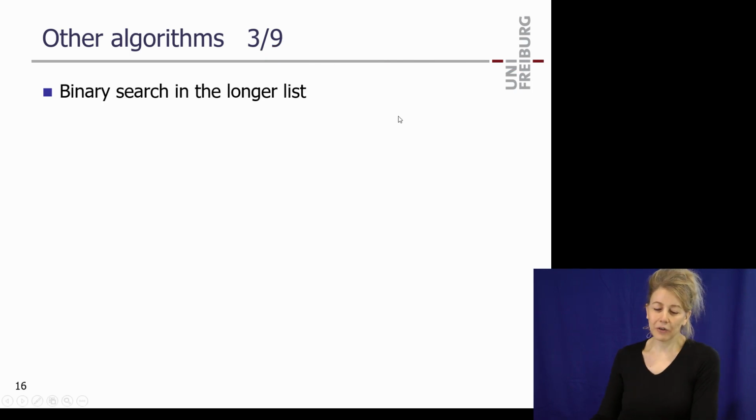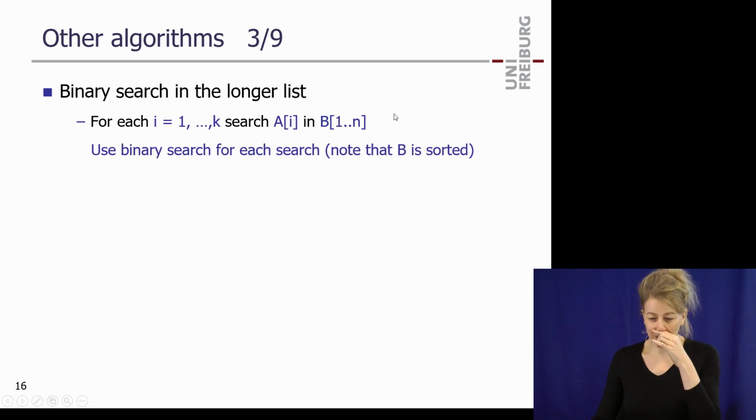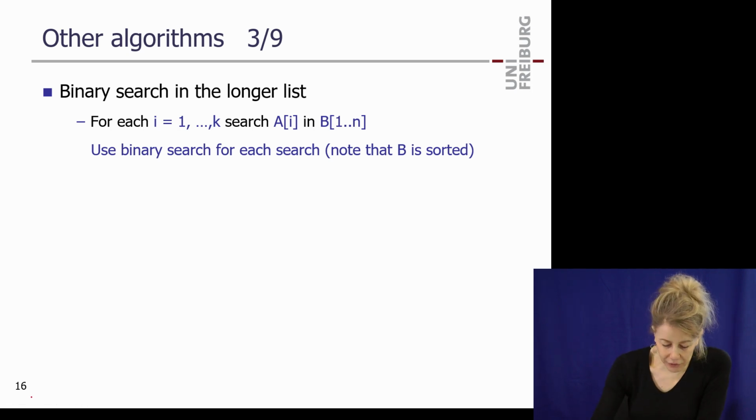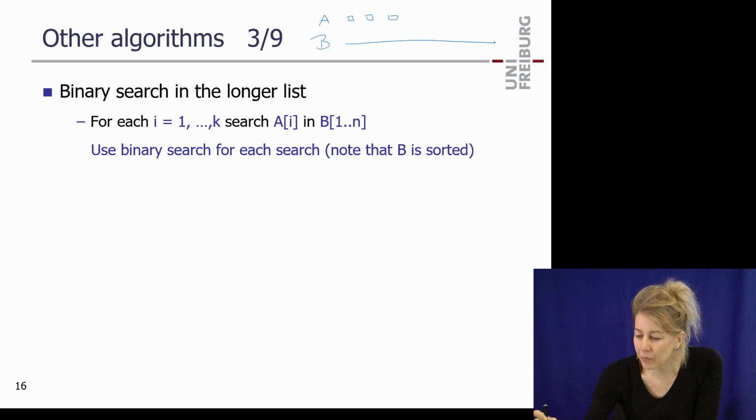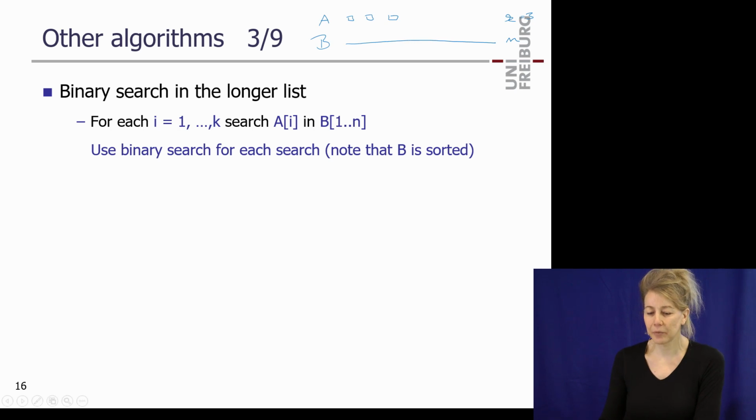So the first approach: you just do binary search. Let me draw the picture again, just this one time. I have my list A with 3 elements, and my list B with a lot of elements. Here I have k, in this case 3, and here I have n, some large number, maybe 1,000,000.